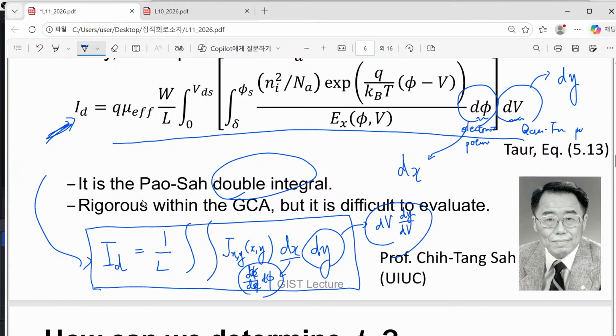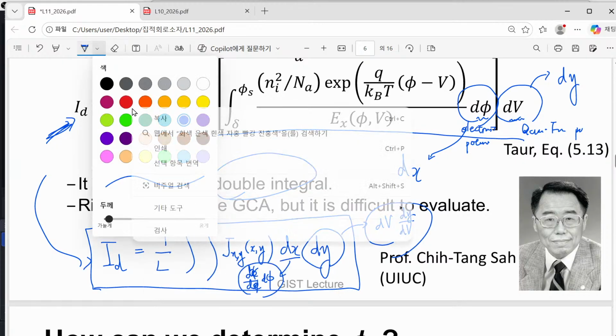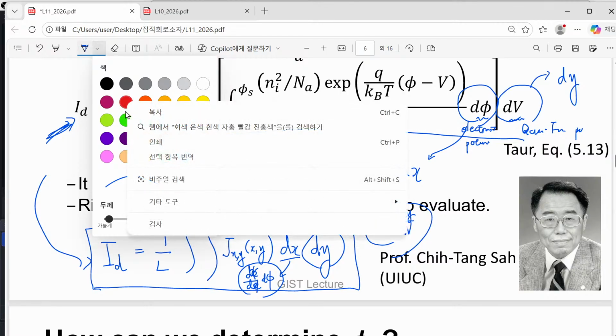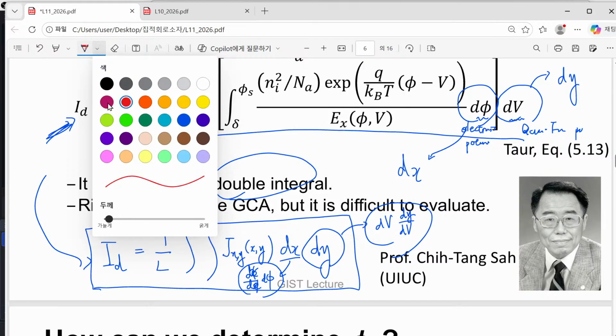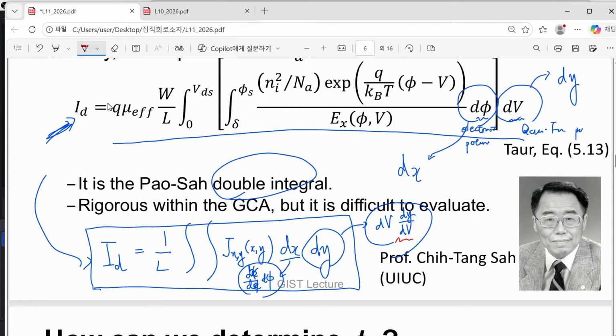Fortunately, this quite complicated term is cancelled out by our Jn. Jn itself has a dV over dy term, so they cancel out and we don't have anything. And here we have something related to the vertical electric field, and we keep this vertical electric field term.